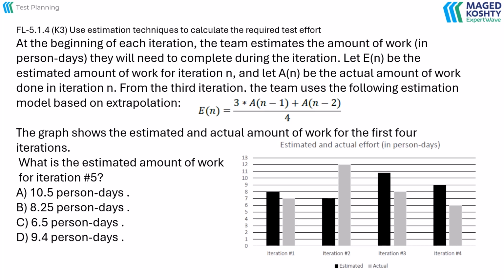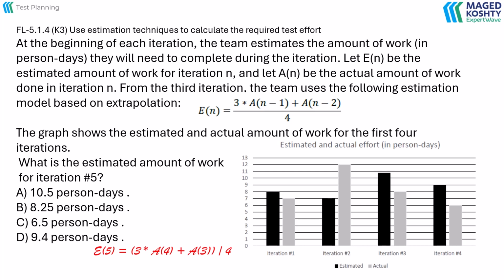This is an example of an extrapolation estimation technique where the effort required for the remaining work can be approximated by extrapolating this data, usually by applying a mathematical model. According to the equation, the estimate of iteration 5, where n equals 5, should be 3 multiplied by the actual effort of iteration 4 (n minus 1), plus the actual effort of iteration 3 (n minus 2), all divided by 4.